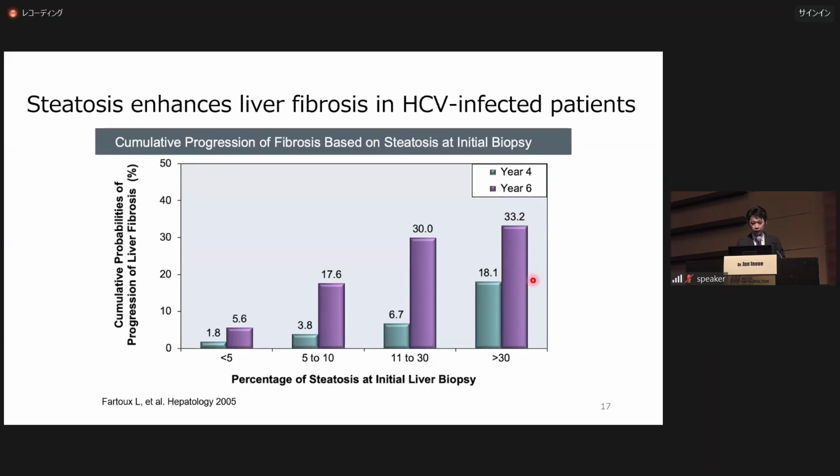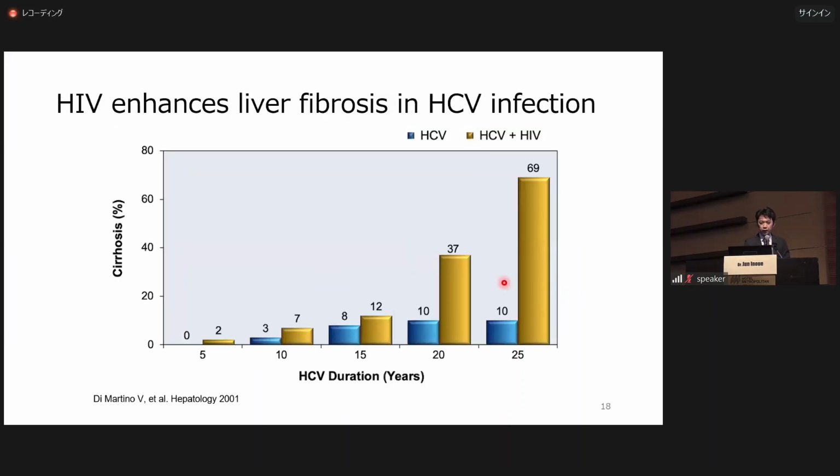So we also have to care about steatosis in HCV-infected patients. Also, HIV enhances liver fibrosis. In HCV and HIV co-infected patients, as many as 69% developed cirrhosis in 25 years.